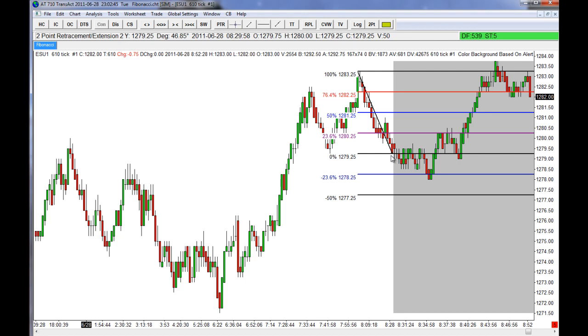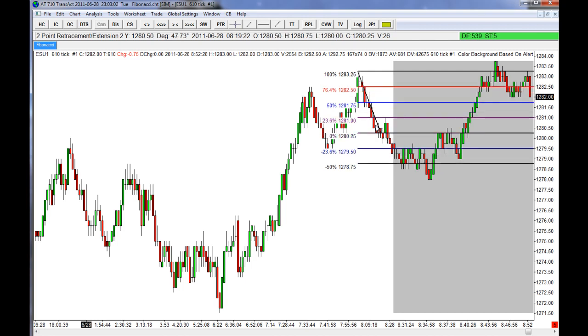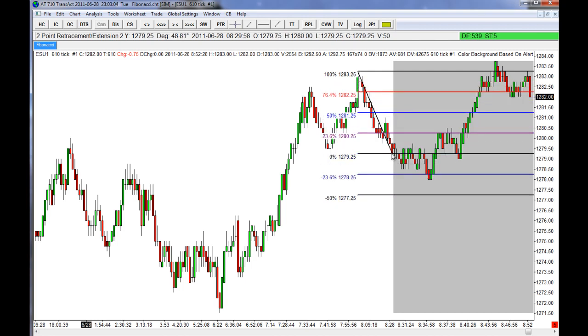So what I did was, since price had gapped up overnight, I thought price might go in the direction of the gap fill. So I drew my fib in the opposite direction right here.